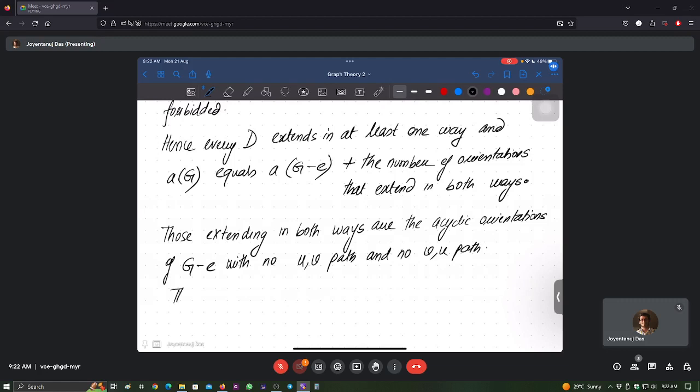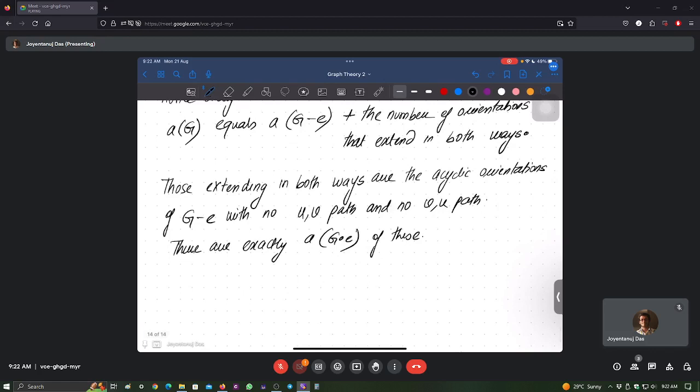So they are exactly the acyclic orientations of G dot E, A of G dot E, right? So hence we can say that A of G is nothing but A of G minus E plus A of G dot E. So the recurrence is proved.